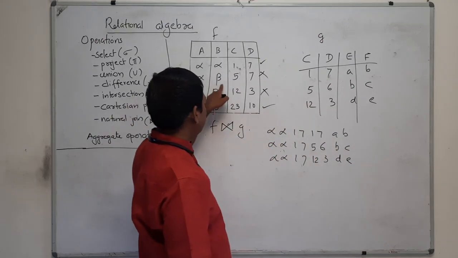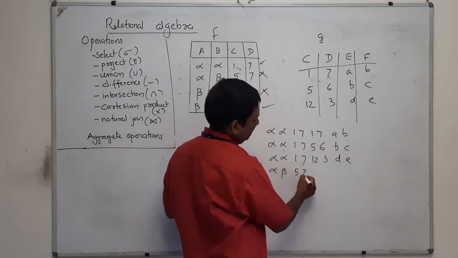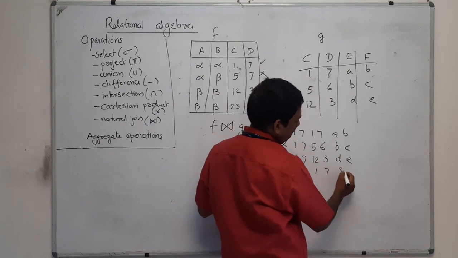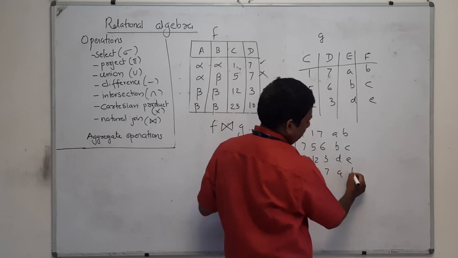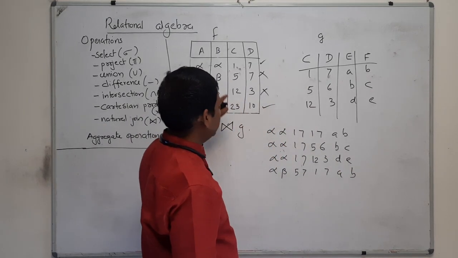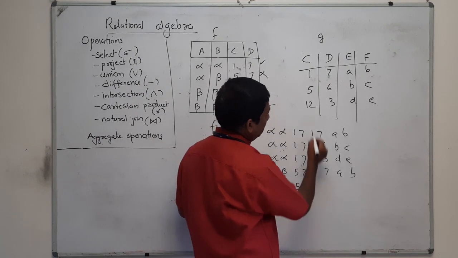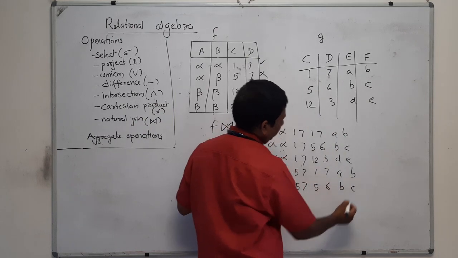And after that alpha beta 5 7 17 AB, alpha beta 5 7 5 6 BC.